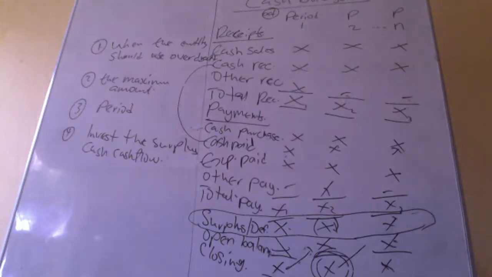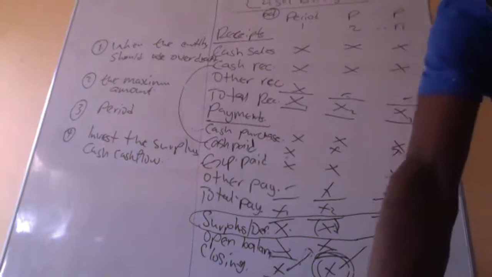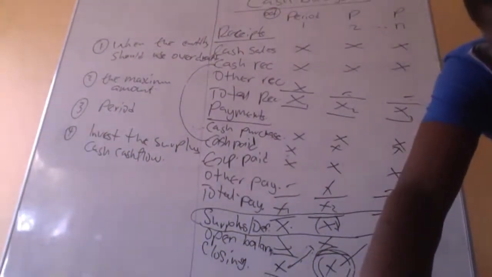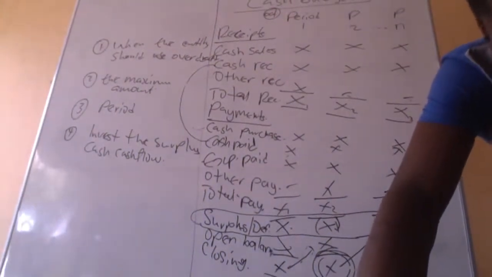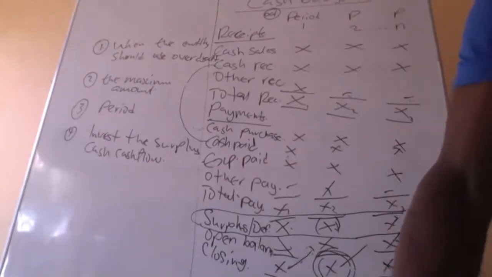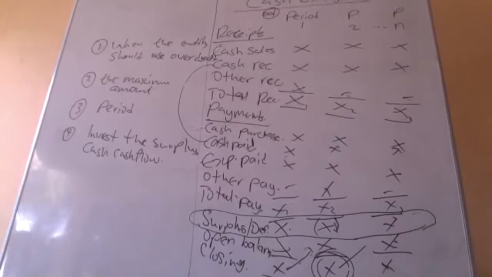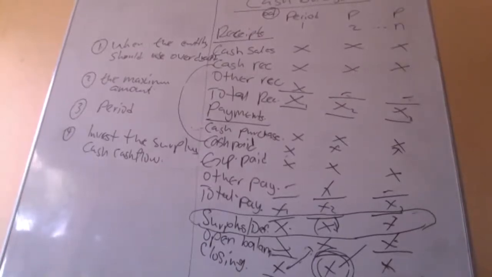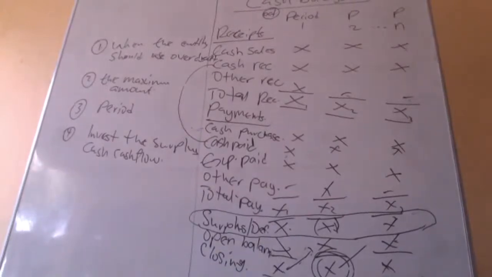So let's pick our next question and do justice to it. Let me see cash budget. Okay, I will solve the ICAN November 2017 question. That's the first question that I'll solve under the cash budget.